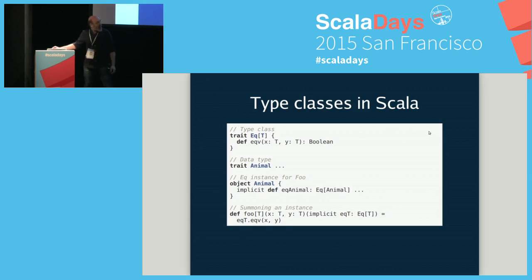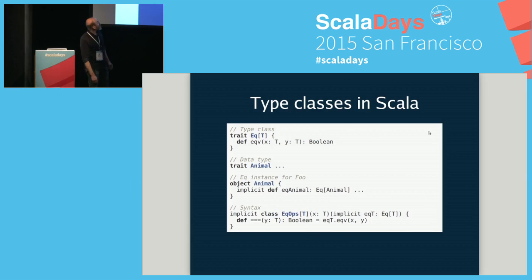This is still somewhat inconvenient, and it's become idiomatic to supplement type class definitions of this form with what's known amongst the type level family of libraries as a syntax trait of some sort or another, and that's basically going to be some form of implicit class or implicit conversion.